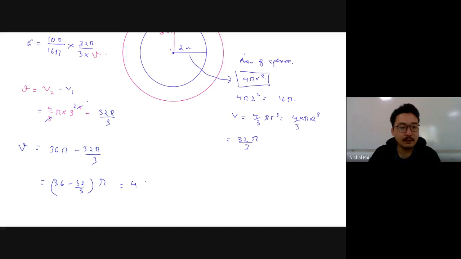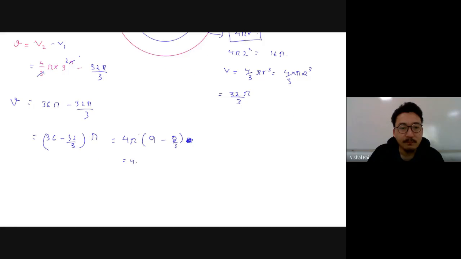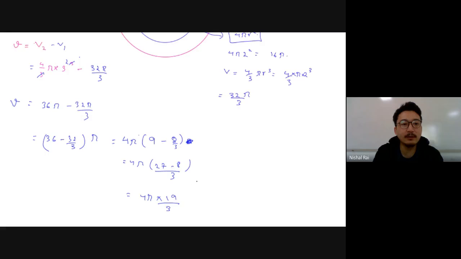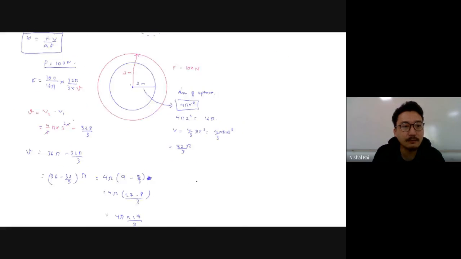We can take 4 also common. 4 pi, so it will be how much? 4 9s are 36 minus 8 by 3, so 4 pi into 27 minus 8 by 3, which is basically how much? 19 by 3.